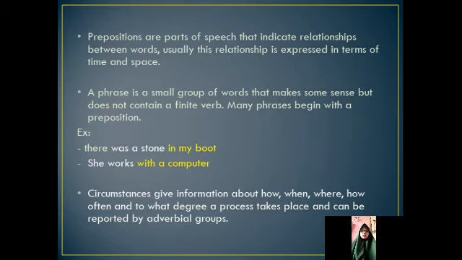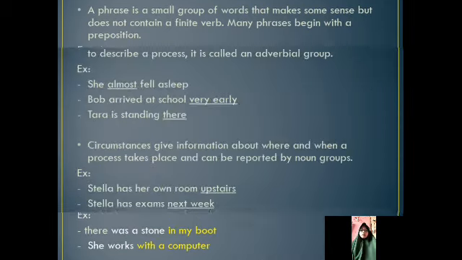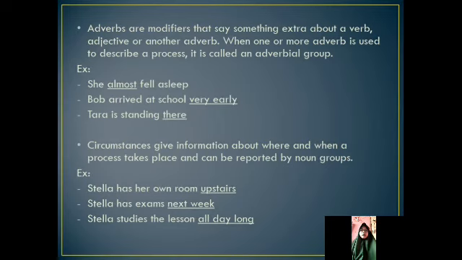Second, circumstances give information about how, when, where, how often, and to what degree a process takes place, and can be reported by adverbial groups. Adverbs are modifiers that say something extra about a verb, adjective, or another adverb. When one or more adverbs are used to describe a process, it is called an adverbial group.